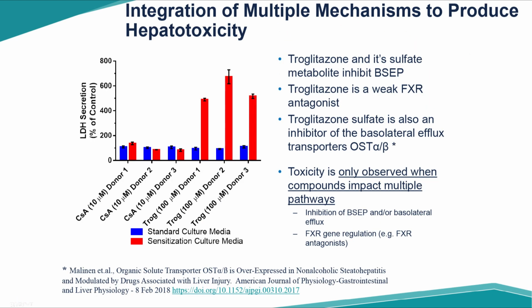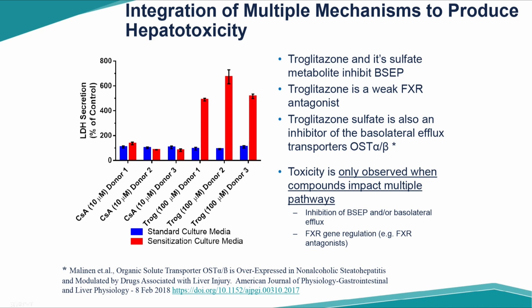But as I mentioned, troglitazone is also a weak FXR antagonist, and it turns out the sulfate conjugate for troglitazone is also a very potent inhibitor of OST alpha and beta. So you have a compound that is a potent BSEP inhibitor, an FXR antagonist, and it inhibits OST alpha and beta, basolateral efflux.